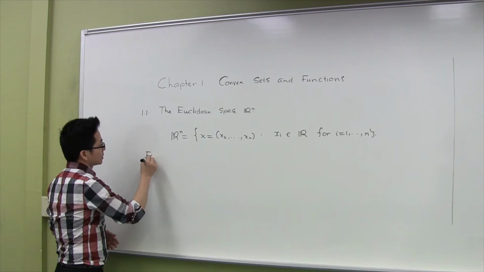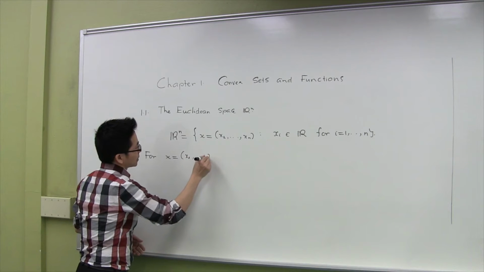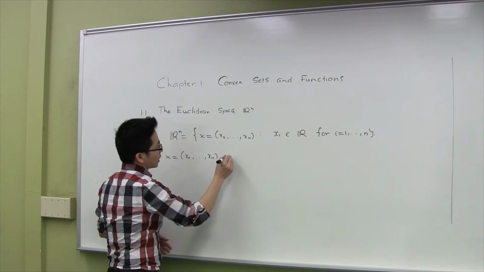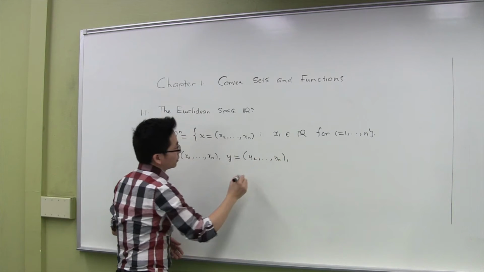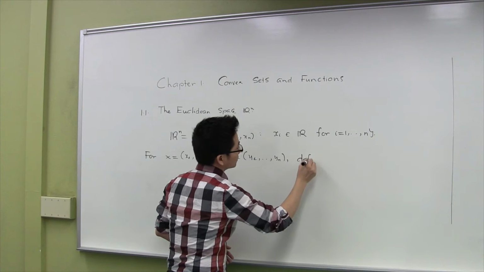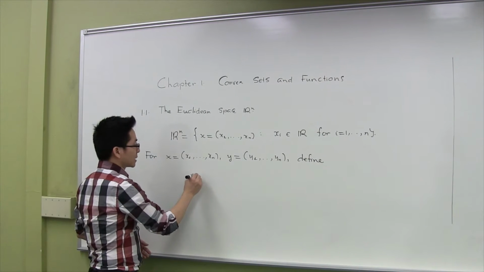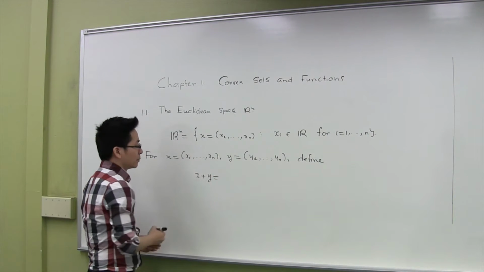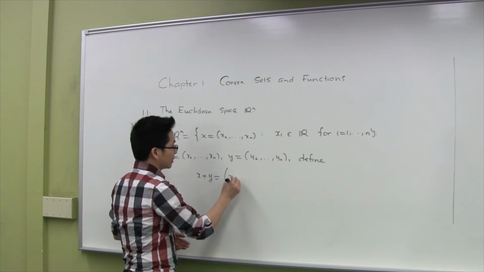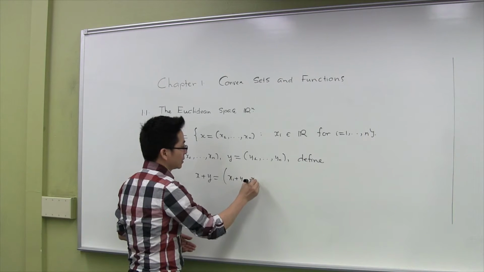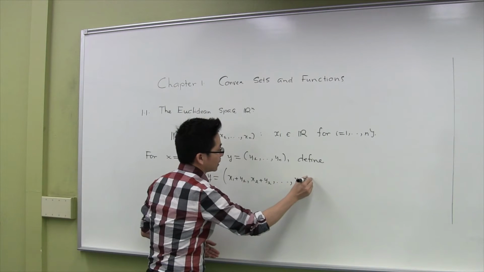So for x equals (x1, ..., xn) and y equals (y1, ..., yn), we define the addition of x and y as follows. x plus y is the n-tuple of real numbers given by (x1 plus y1, x2 plus y2, and so on, xn plus yn).